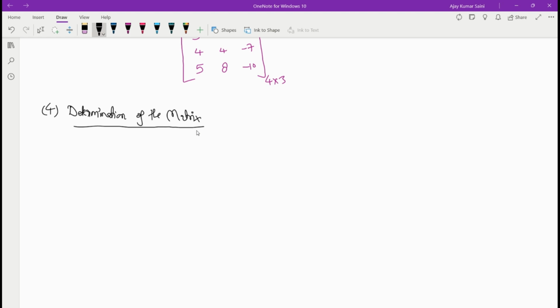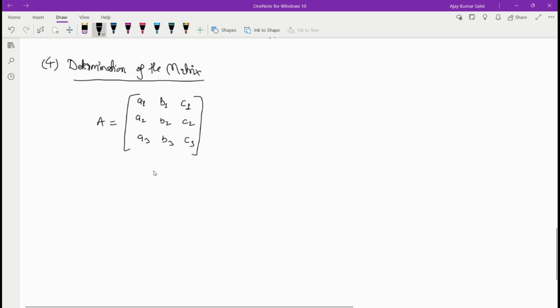Let me tell you, there is a matrix like a1, b1, c1, a2, b2, c2, a3, b3, c3. So it is a matrix, and I need to find the determinant of this matrix. It is very simple and easy.